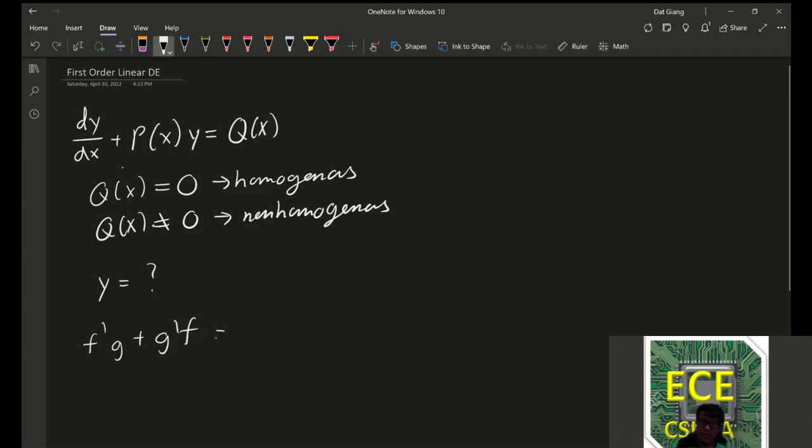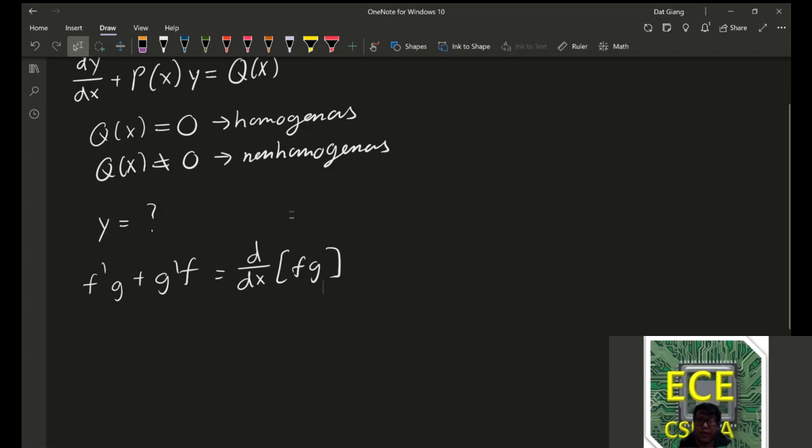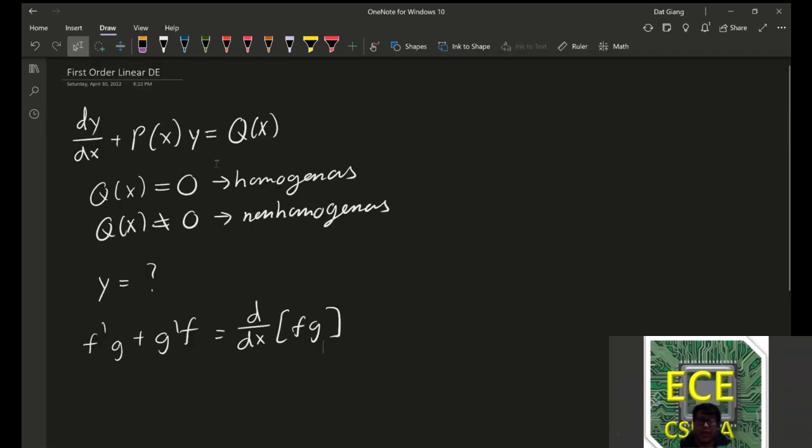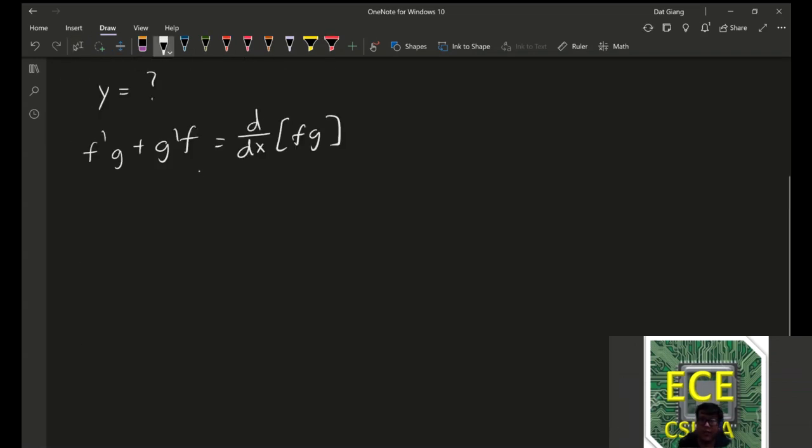And if you notice, this is just the derivative from the product rule. So our intention is to make it so that we can have the following. I'm going to multiply by something called I. I is our integration factor, so that we have the following: I prime y plus I y prime.